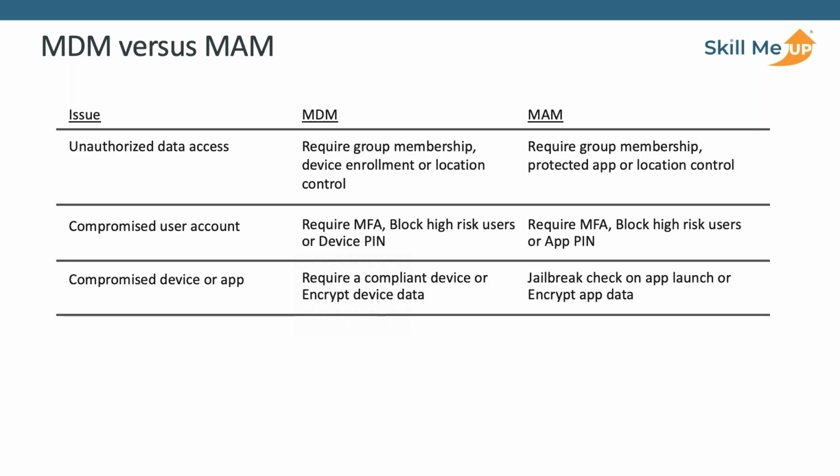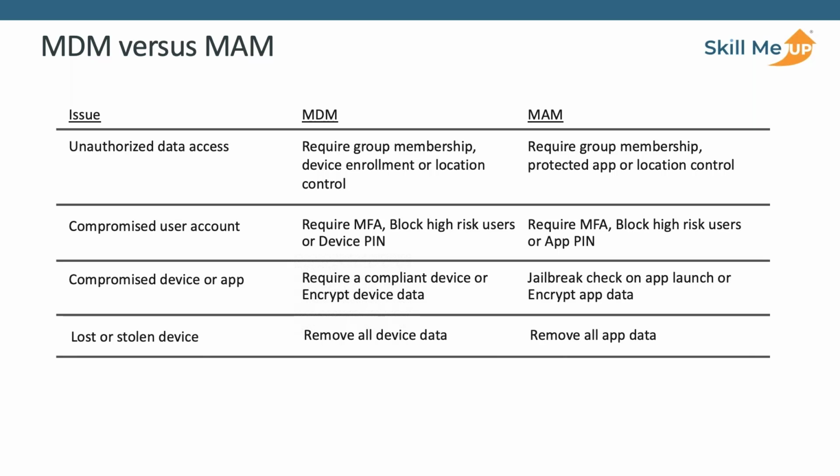If it's bring your own device, then we can do a jailbreak check on the app launch. So at the point that someone tries to open the Word application and is logged in with a credential, we can then have something check and say, nope, you can't do this. Or we can encrypt the app data. And that's a recommended thing, that you should be encrypting the data between the apps in a MAM policy anyway.